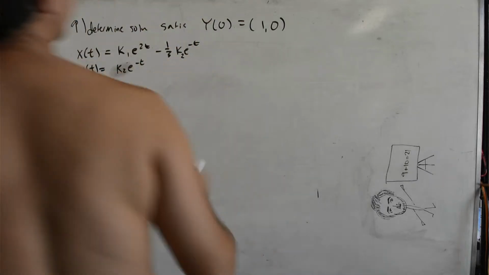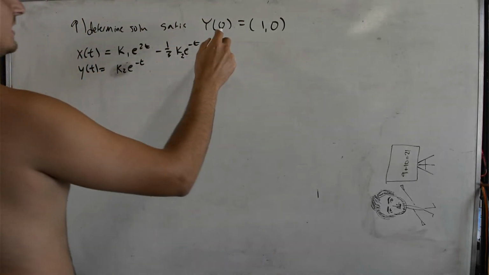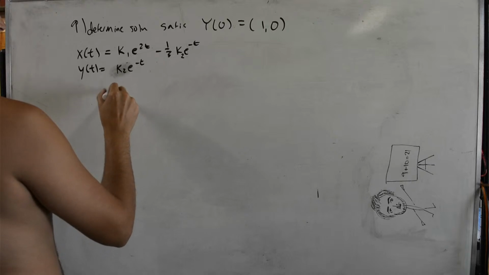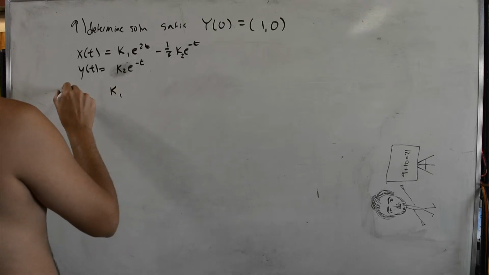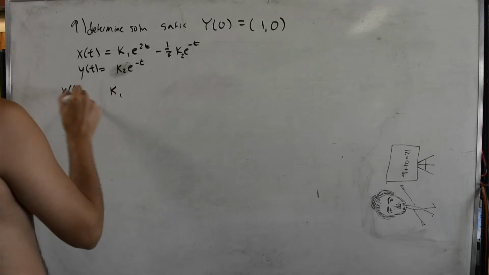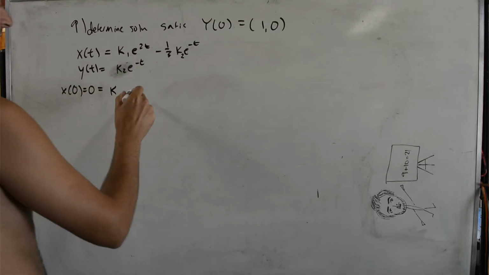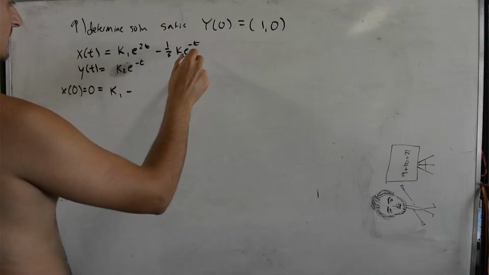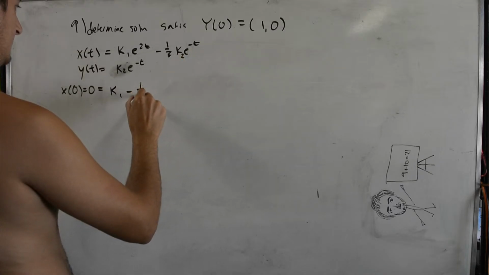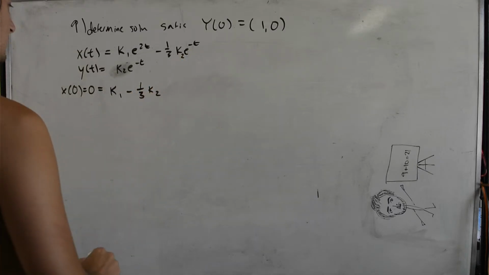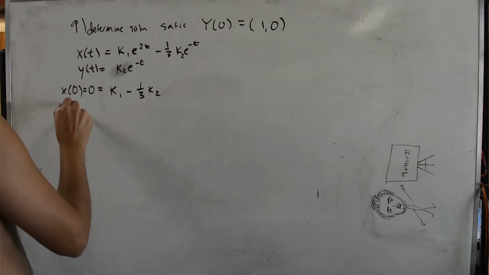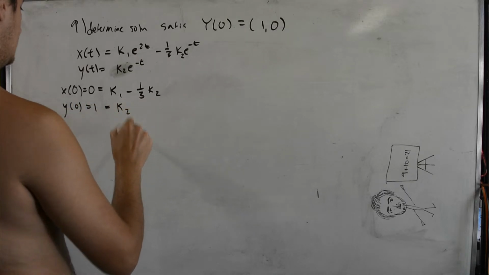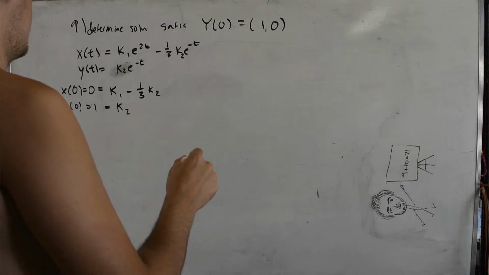Okay, so now we just need to check. So if we plug in for 0, we're going to get x of 0 equal to 0 equals k1 minus 1/3, so k2 has to be 1.